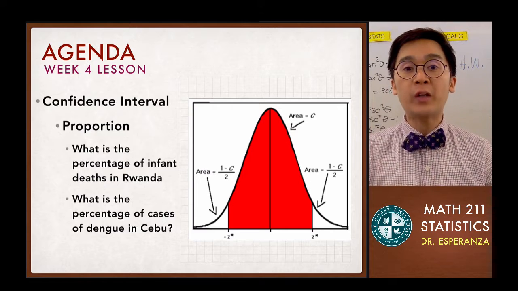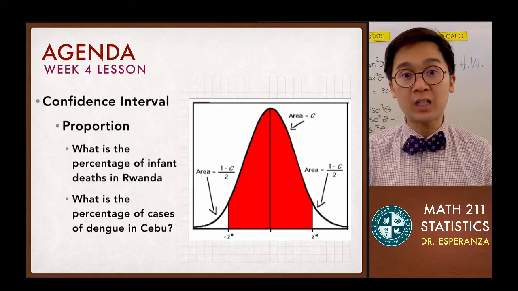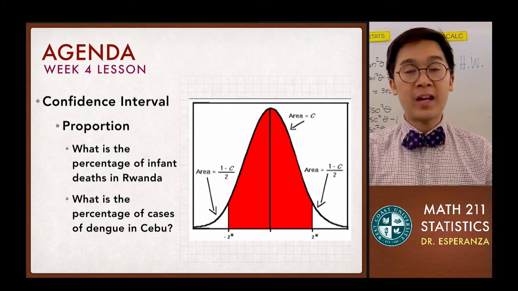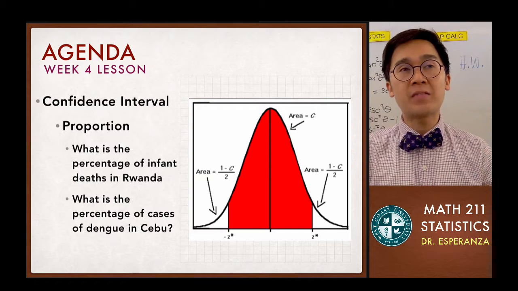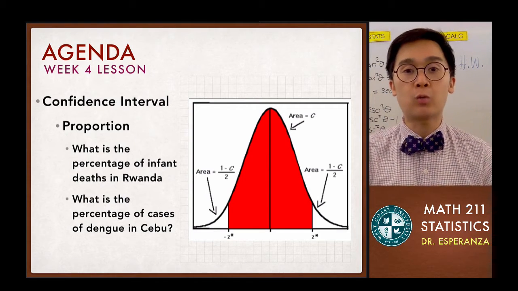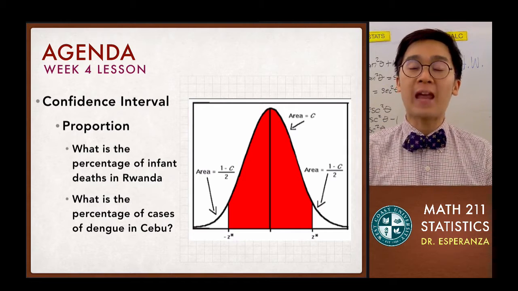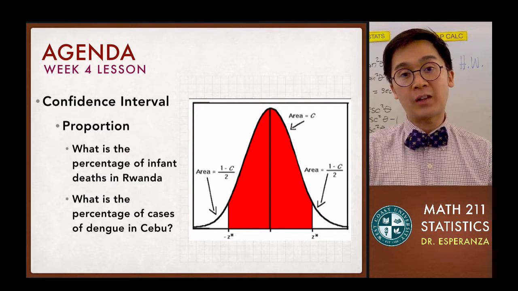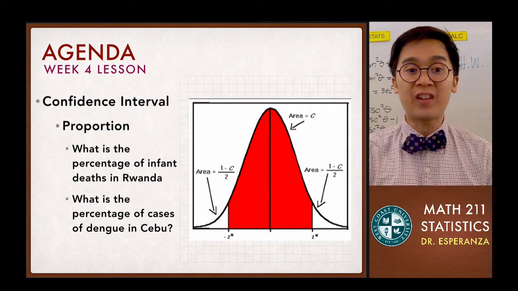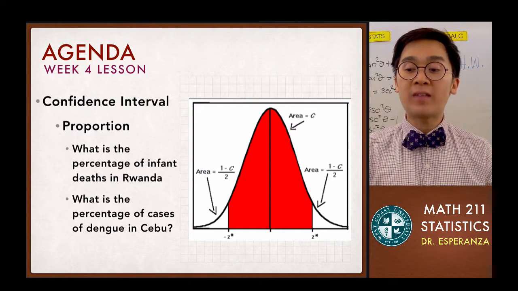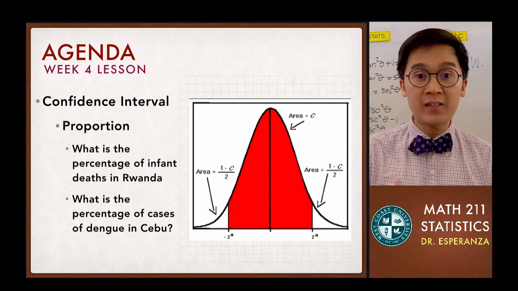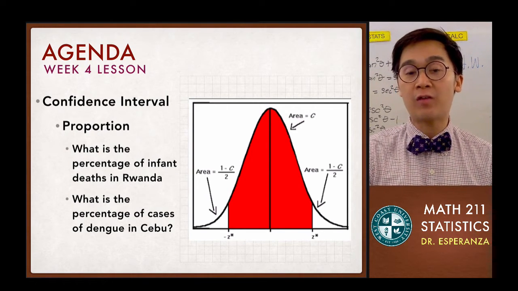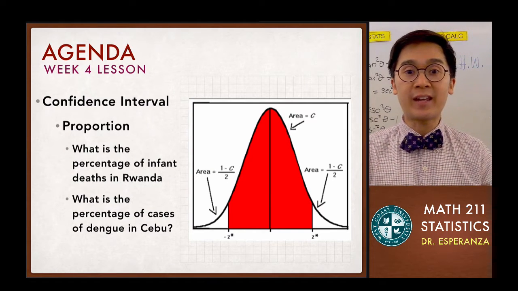So if you're going to work on a scientific study on how to estimate the total number of infant deaths in Rwanda, theoretically, it's impossible to work on because you have to account every single infant death in Rwanda to be able to come up with the exact value of the population proportion or the percentage of infant deaths in Rwanda. So in this case, we'll learn how to scientifically and mathematically perform an estimated value of our percentage or proportion using confidence interval.